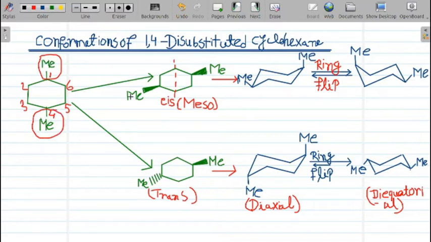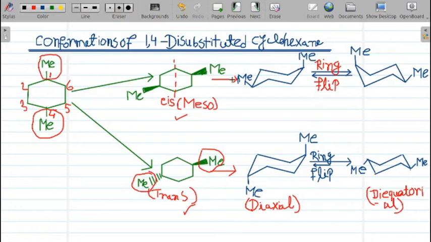Here also there will be two isomers, one is the cis isomer and the other is the trans isomer. In the cis isomer the two methyl groups are present in the same plane, and in the trans isomer the two methyl groups are present in different planes, that is, one methyl group is above the plane and the other is below the plane.